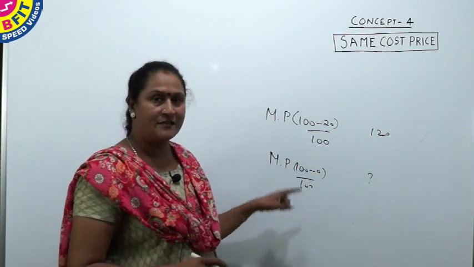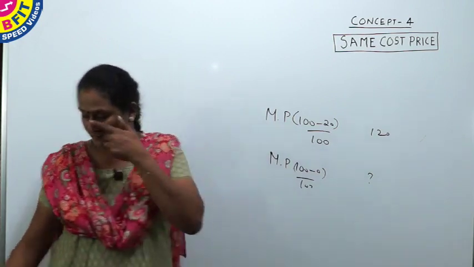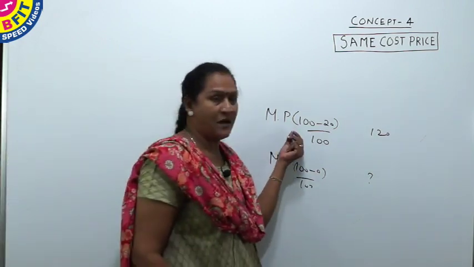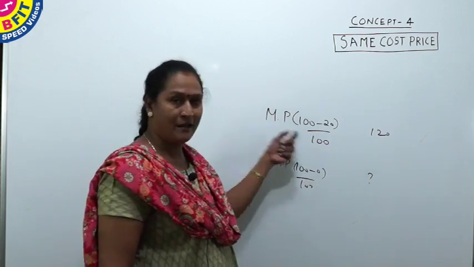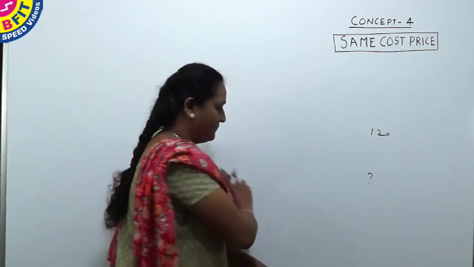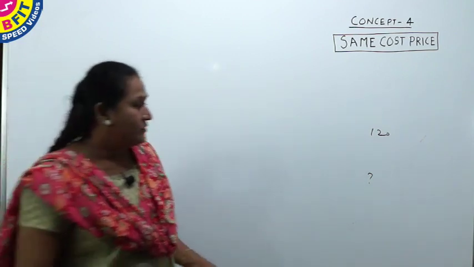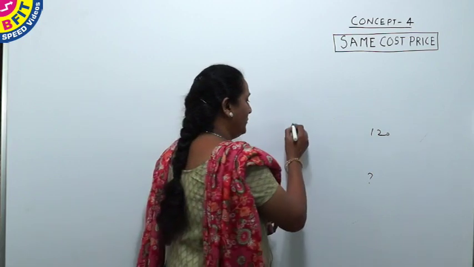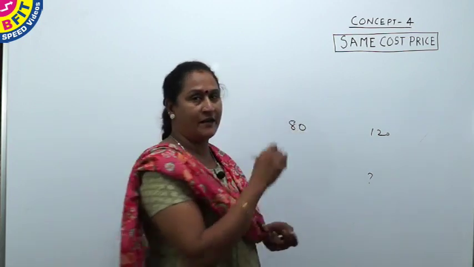The common factors get cancelled. So instead of taking mark price into 100 minus 20 by 100 and all, we can assume that if the article is sold for 80 rupees, profit is 20%.